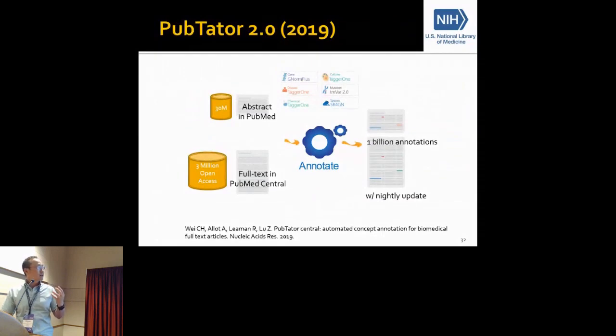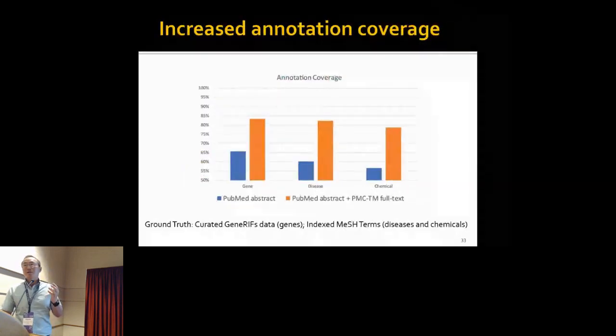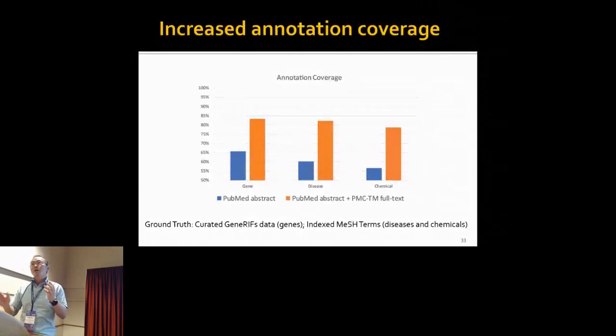We integrate those results with the 30 million articles in PubMed, and together we have over 1 billion annotations, which continues to grow as we do nightly updates with new articles in PubMed and PubMed Central. Even though the open access full text is just a fraction of the PubMed database, 3-4 million compared to 30 million, each full text article is about 10 times, 20 times longer.